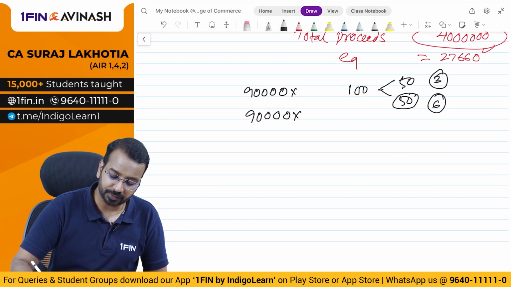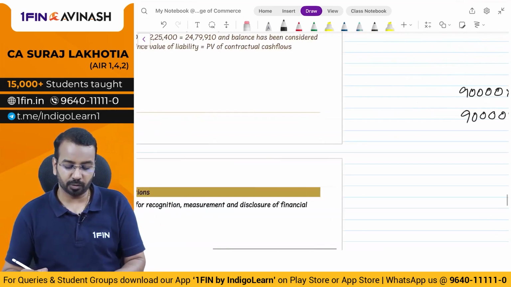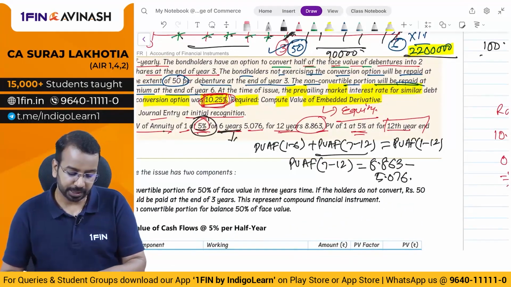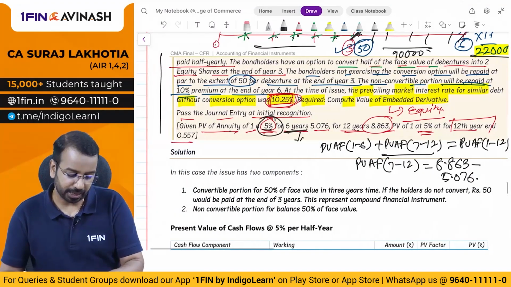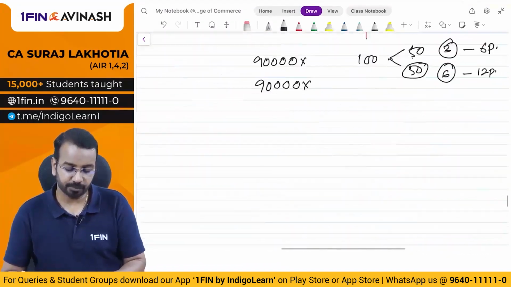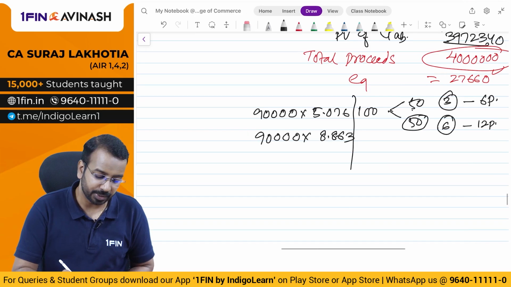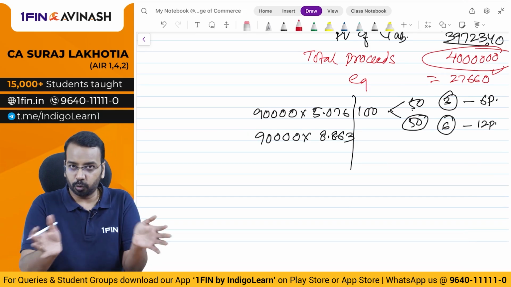So on this 50 you will pay for 12 periods, here you will pay for 6 periods. So if you do 90,000 into 8.863 and 5.076. Sir, what are you doing here? Basically what I am doing, 100 I am splitting into two parts.